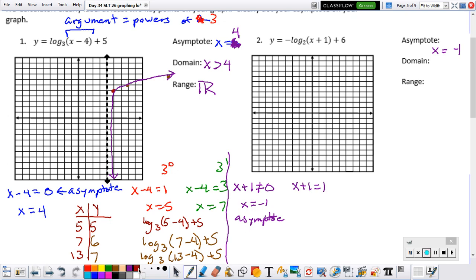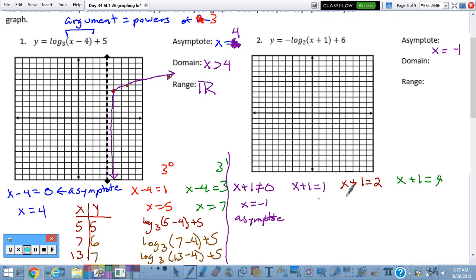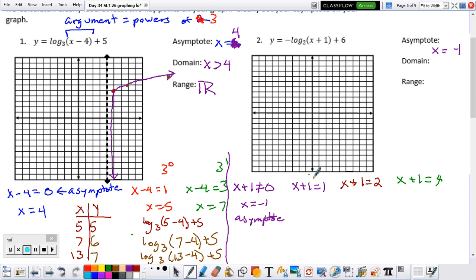And then 2 to the first power would be 2. And 2 to the second power would be 4. All right, so now I'm going to go ahead and solve these real quick. I get x equals 0, I get x equals 1, and I get x equals 3.